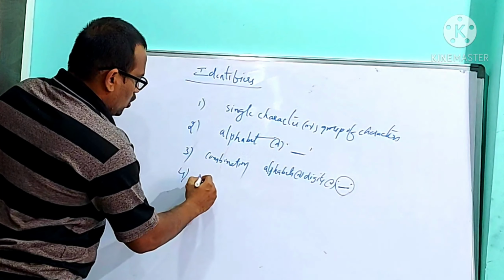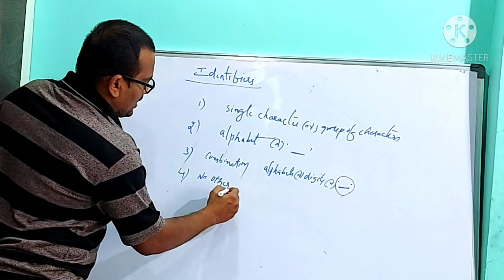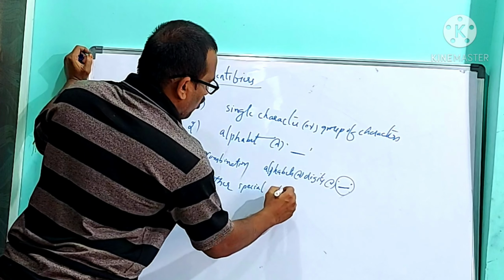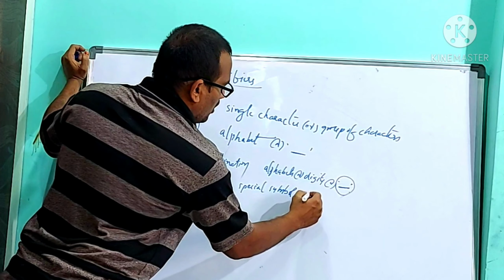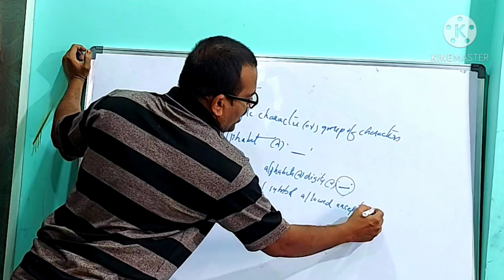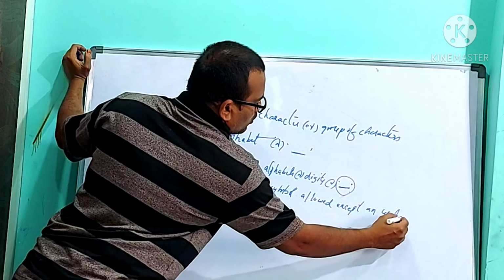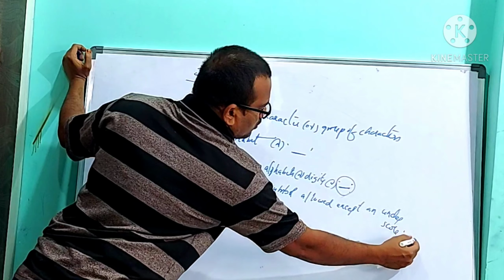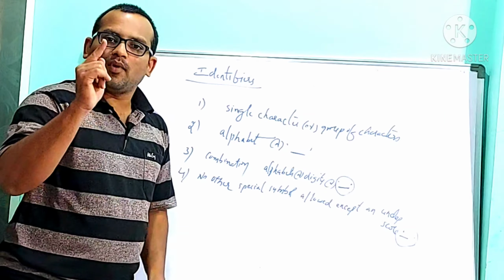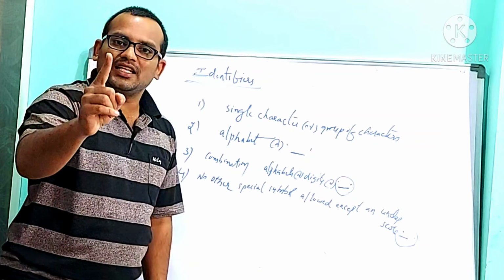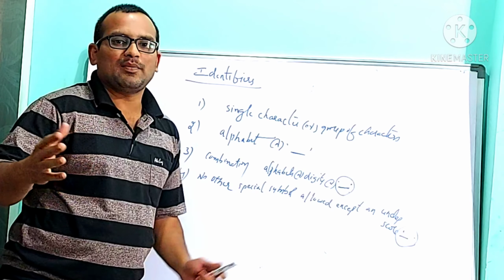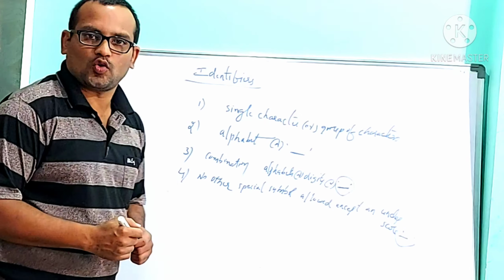Fourth condition, no other special symbol is allowed except an underscore. While naming an identifier, only one special symbol is allowed, that is an underscore only. No other special symbol is allowed, like semicolon, comma, like that, except underscore.